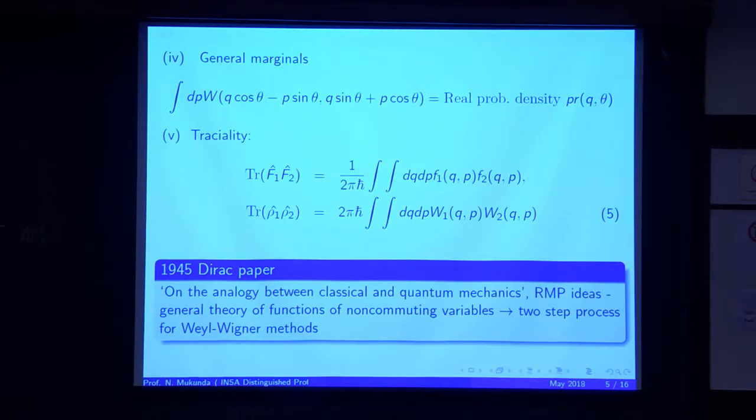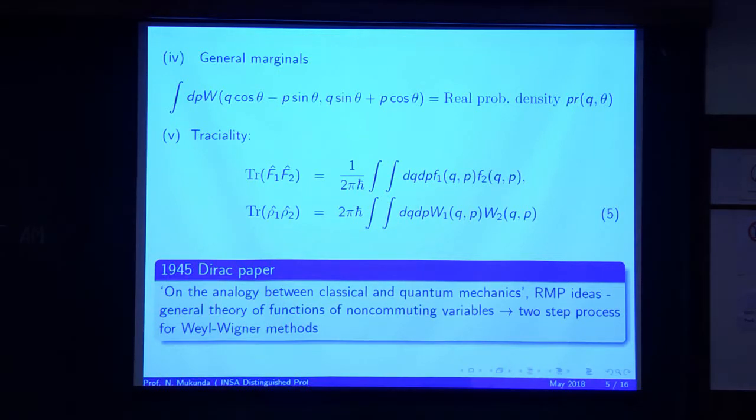And this is used in quantum tomography. And this traciality, I repeat: the rules of correspondence for general operators or observables and for density matrices differ by a numerical factor, and so you get these relations. These are called the traciality relations.